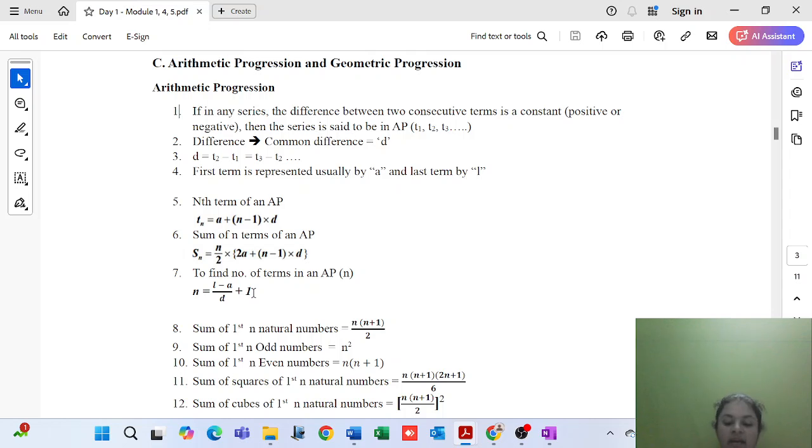Because we have to include the first term. So last term minus first term divided by D, where D is the common difference, plus 1. This will give you the number of terms in an AP. So these are the 3 important formulas for an AP. Please make a note of it.